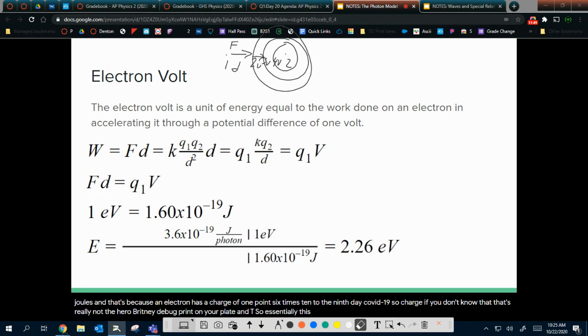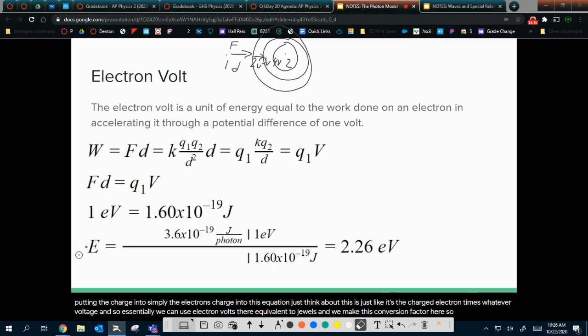So essentially this is just 1 volt times the charge on an electron. So instead of putting the electron's charge into this equation, just think of it as the charge on an electron times whatever voltage there is. And so we can use electron volts. They're equivalent to joules if we make this conversion factor here.